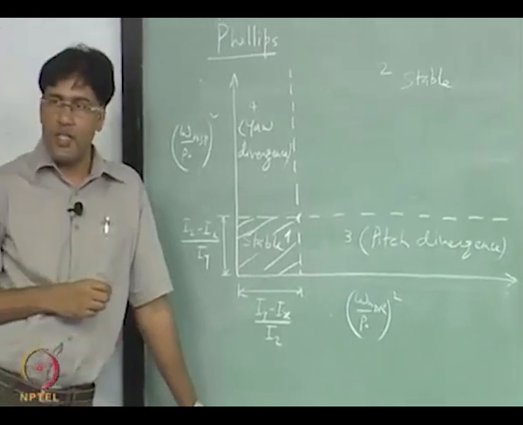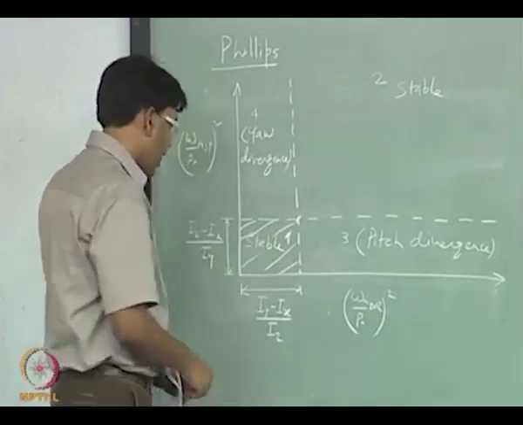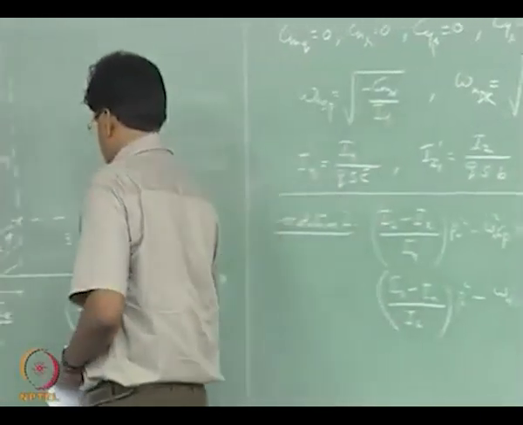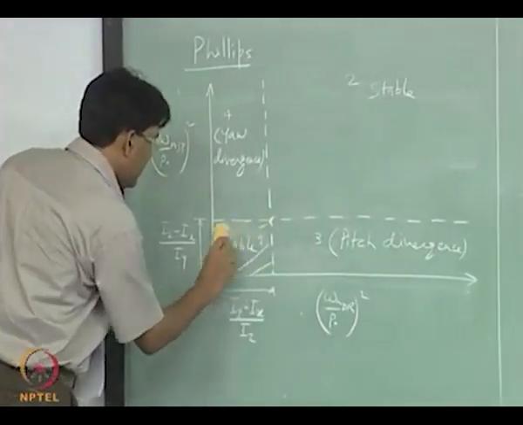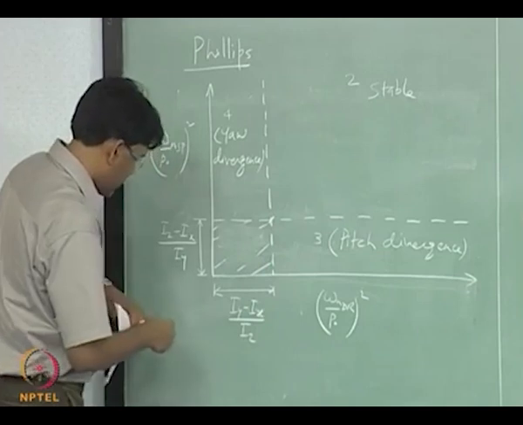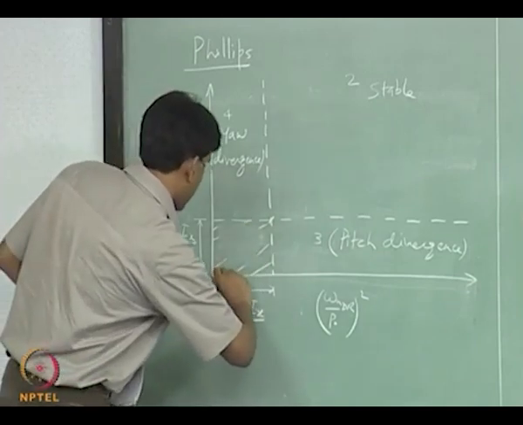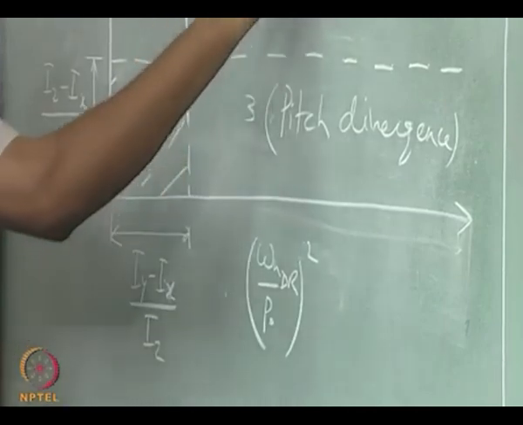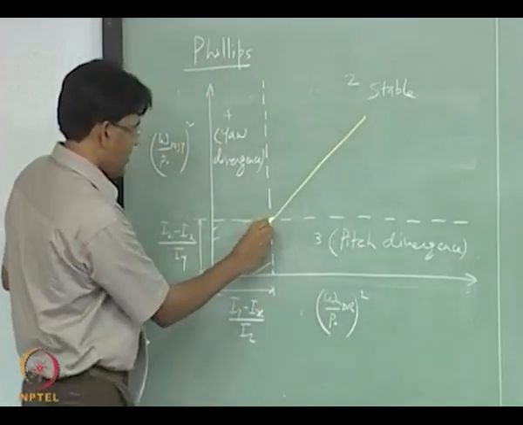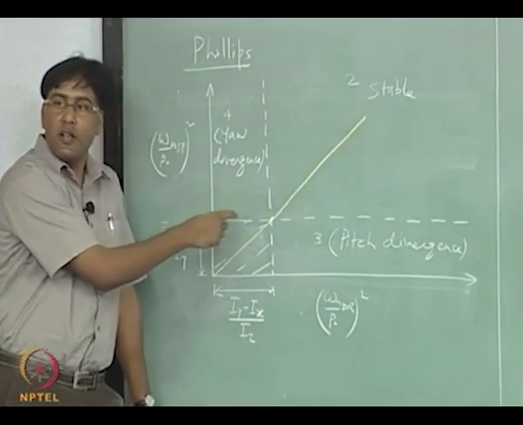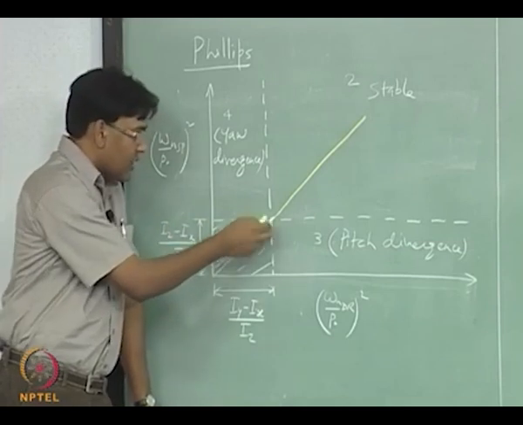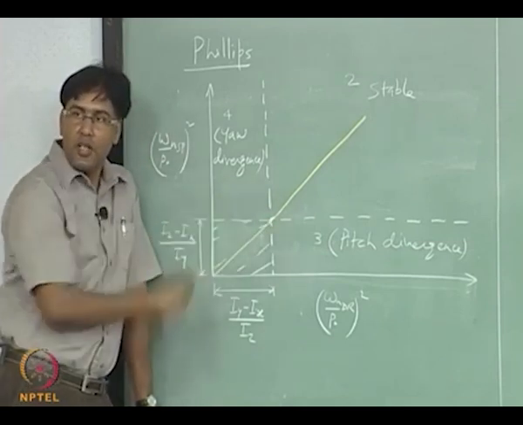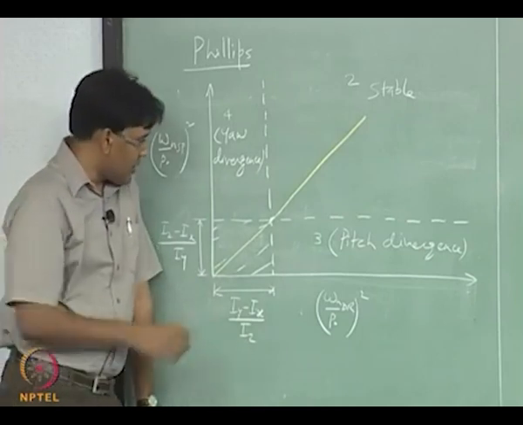So, this is the point which separates out whether you are going to see yaw divergence or pitch divergence, right. So, if you draw a line through this region 1 and passing through this critical point, which is lying on the boundary of the two divergent regions.